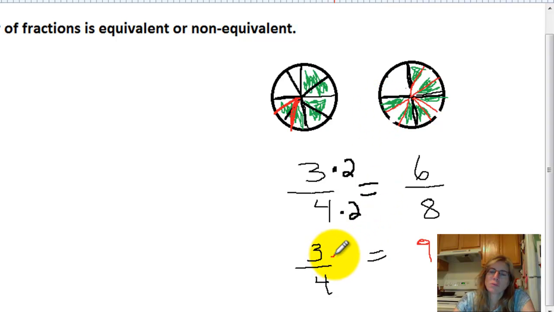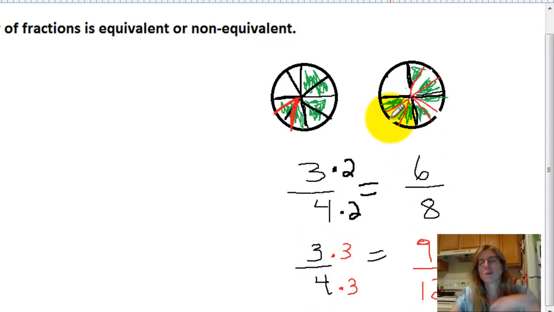And so that means, what did we do? You cut each of those pieces into 3, so 3 times 3 is 9, and you have to multiply by the same number on the bottom, so that's 12. So you know that 9/12 equals 3/4.